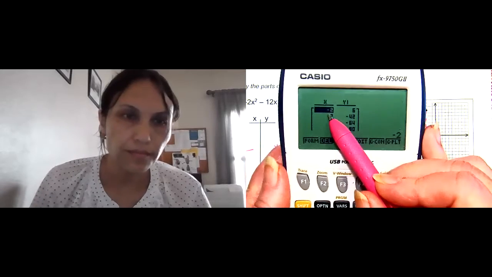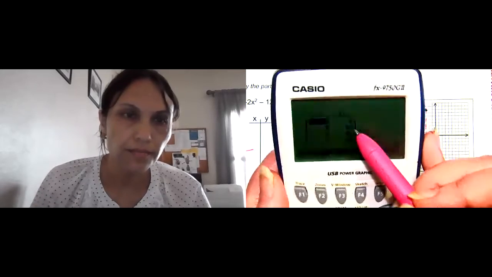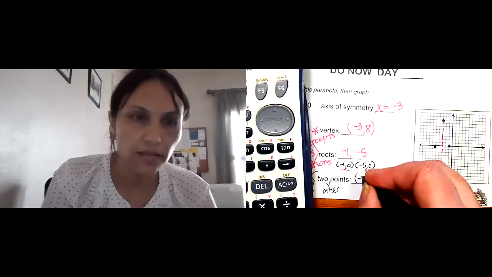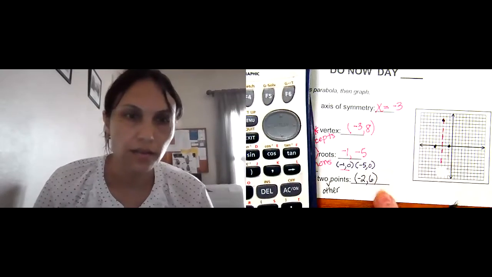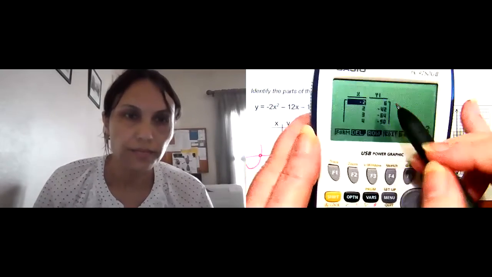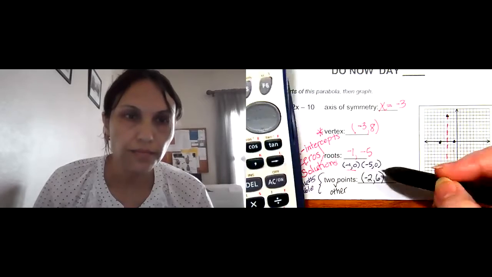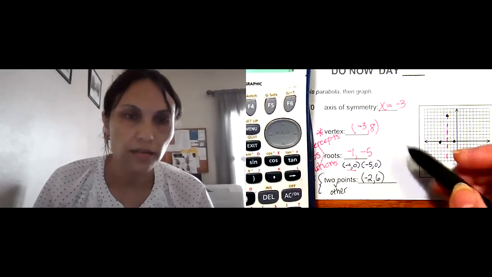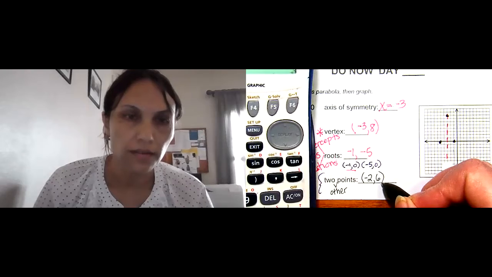Now I change it to -2. -2, 6. Now that's a good point. They're not all going to be good, but that's a good one. It doesn't repeat. It's a new point, and it's less than 10.